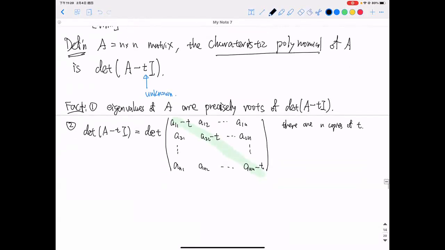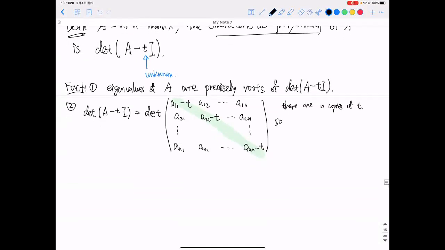If you think about computing this determinant, say, along the first row, you're going to have A11 minus T times some minor, and other things. If you think about it for a minute, you will have a term that's n copies of T multiplied together, and that's the highest possible power of T that can occur.